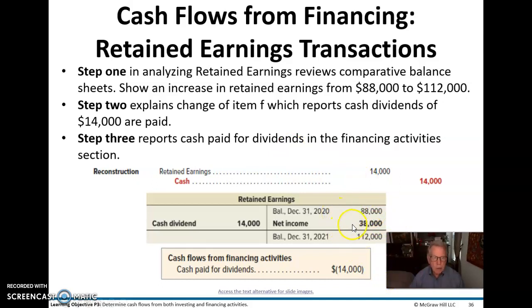It increases for the $38,000 of net income, but decreases for the $14,000 of dividends that were paid here in step two. And that's where we get the 112,000. So we know that we had to pay some cash here. And so that's going to reduce cash by $14,000.